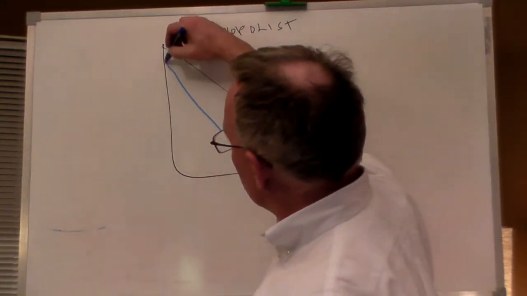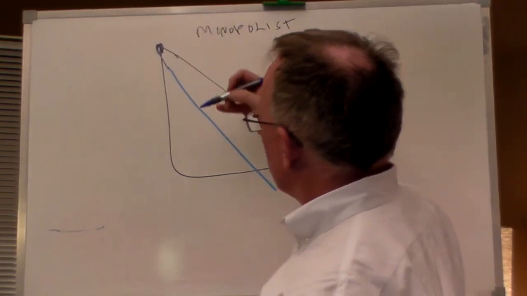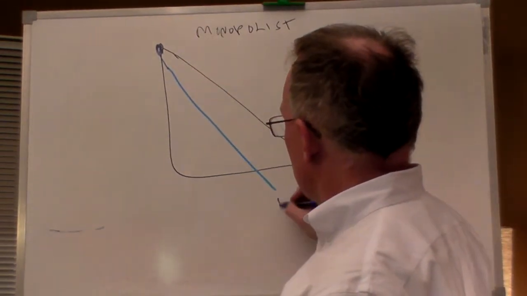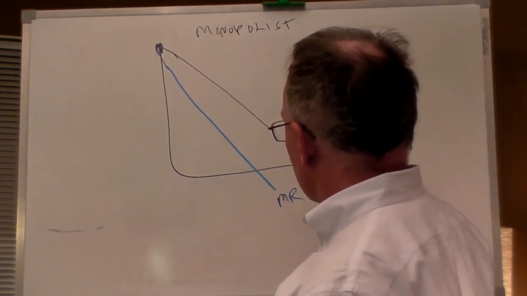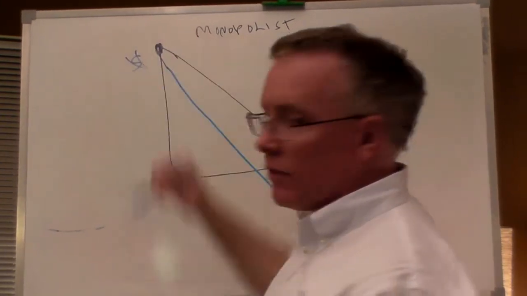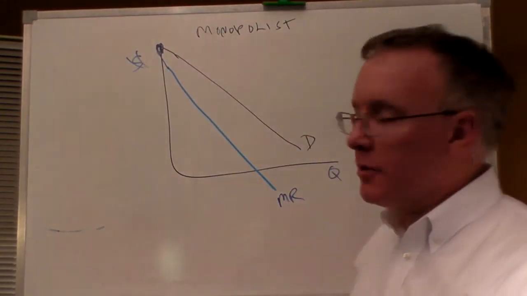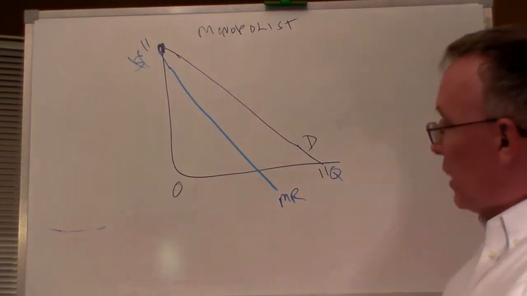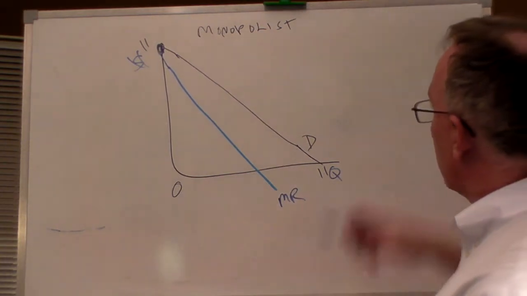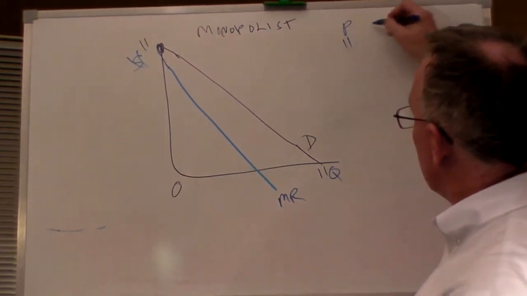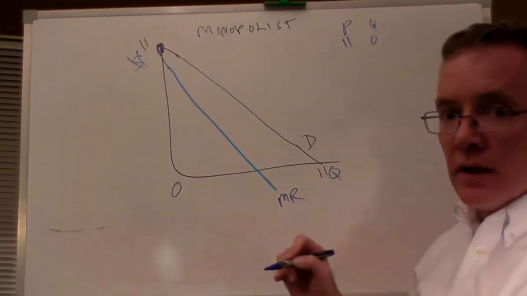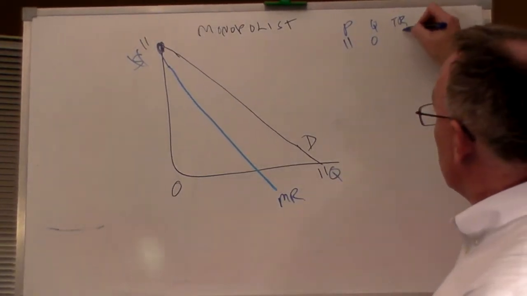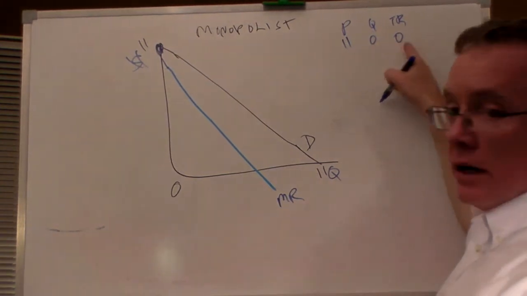Let's neaten things up here a bit. This is the marginal revenue curve. This, of course, is quantity. This is going to be all of our dollar-denominated items. If the price was 11, the quantity sold would be 0. And so, of course, the total revenue would be 0 because the price times the quantity would be 0.